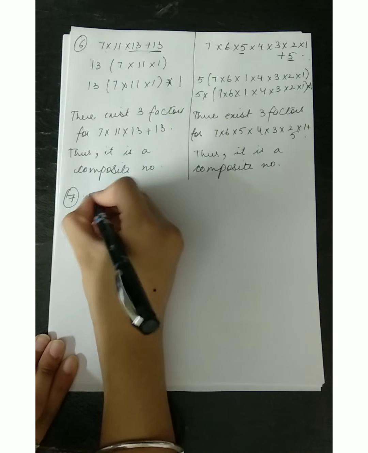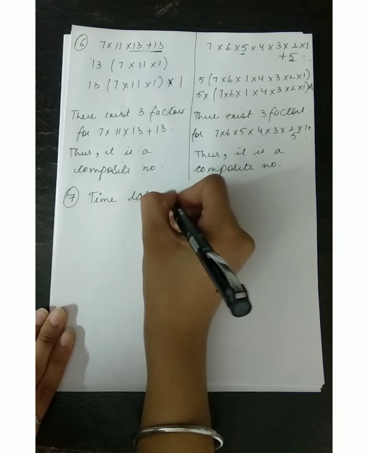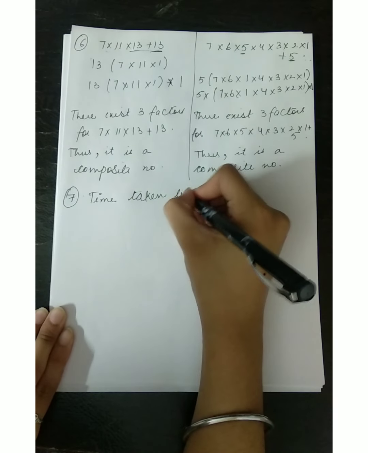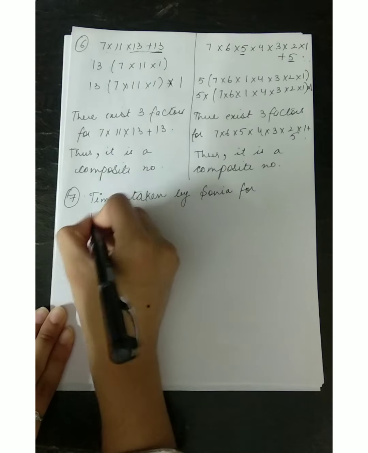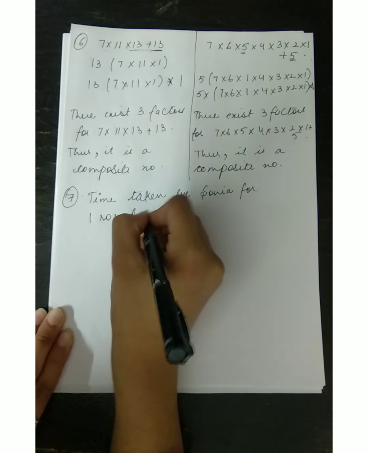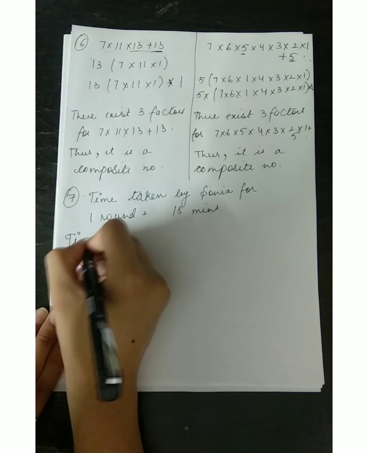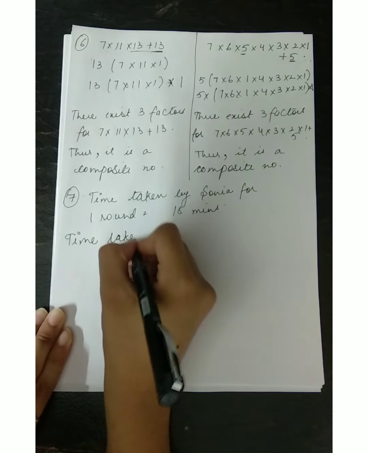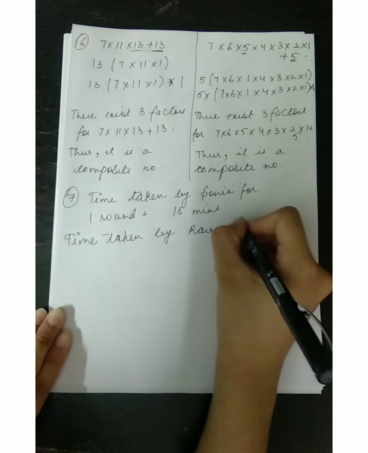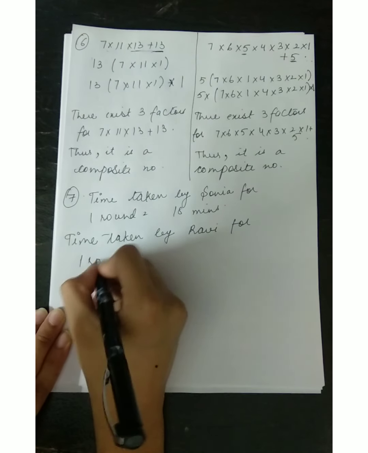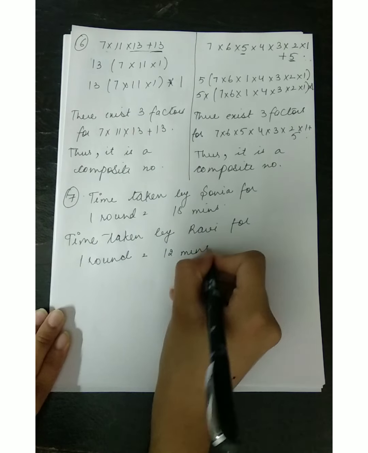So let's see the question. Time taken by Sonia for one round, 18 minutes. Time taken by Ravi for one round is 12 minutes.